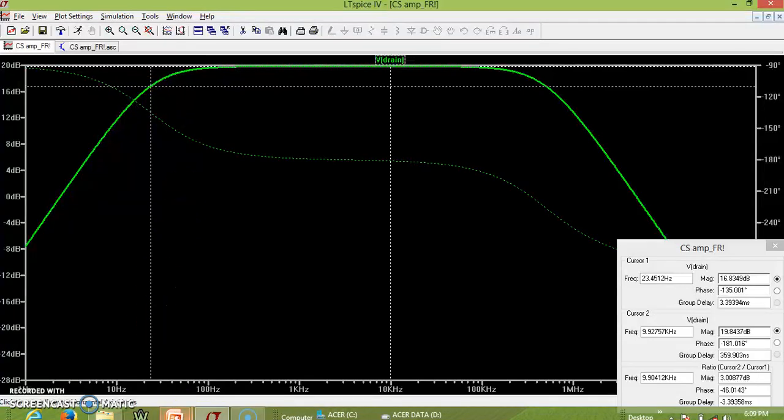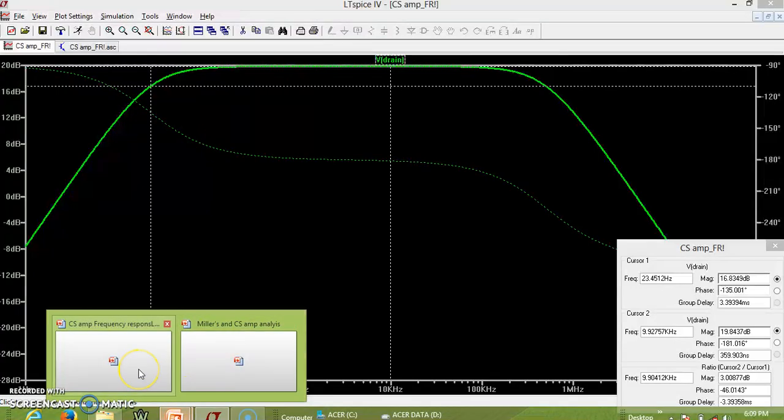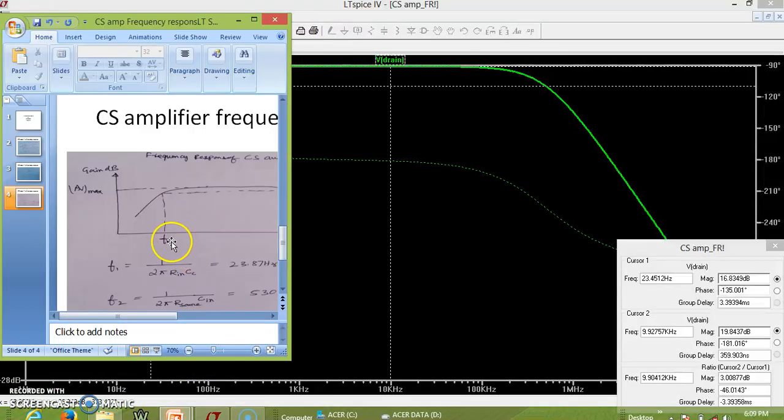As we found in the previous slide, this is the frequency F1 corresponding to 23.87, and you can see that the frequency is exactly 23.45 hertz. This way we can certainly verify the first cutoff frequency of your CS amplifier.